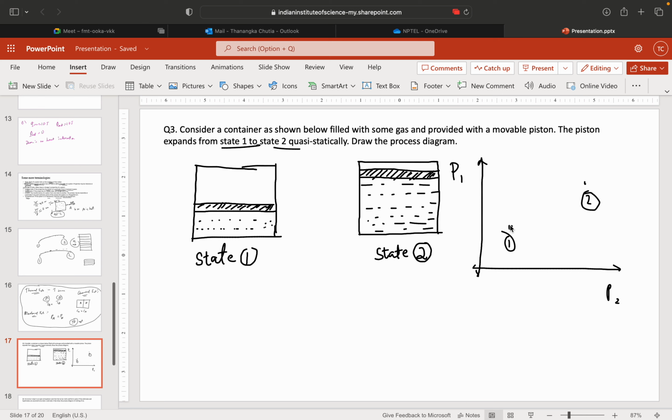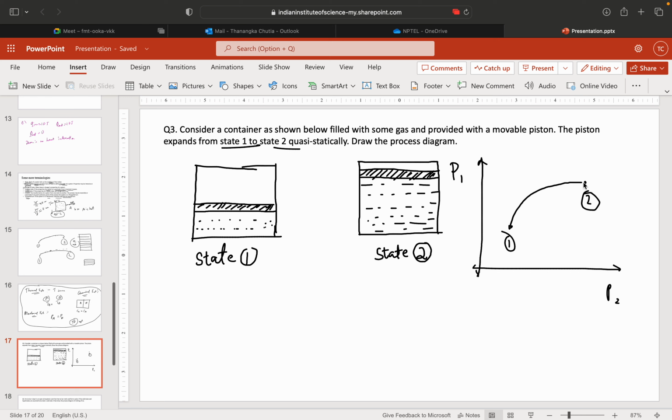I am only interested in saying whether this process is reversible or not, because I cannot directly solve your assignment problems. I can just give you a hint. This is how you can see whether the process is reversible or not. If the process is reversible, that process should happen quasi-statically, and if the process is not reversible, then it will not take place quasi-statically. I will come back to the irreversible, but since this is a reversible process, you draw any path, and that too in a solid curve.